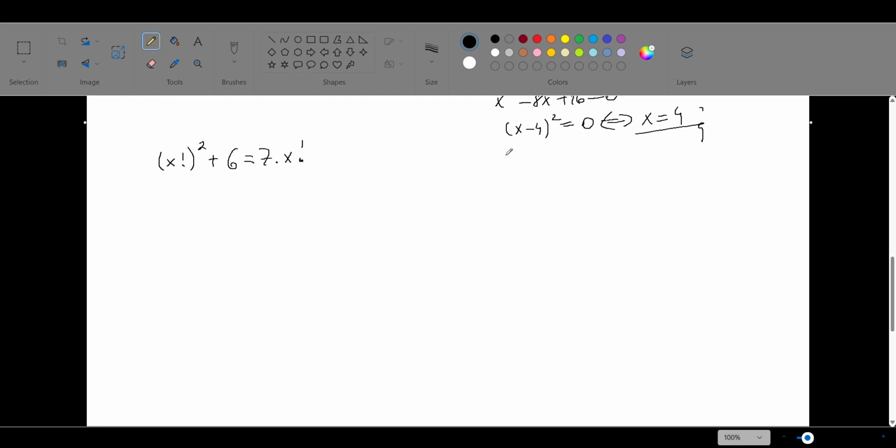So basically it means (x factorial) squared plus 6 equals 7 times x factorial. First of all, the conditions, but this is okay. X must be greater or equal to 0, and it is of course from the set of all natural numbers including 0.